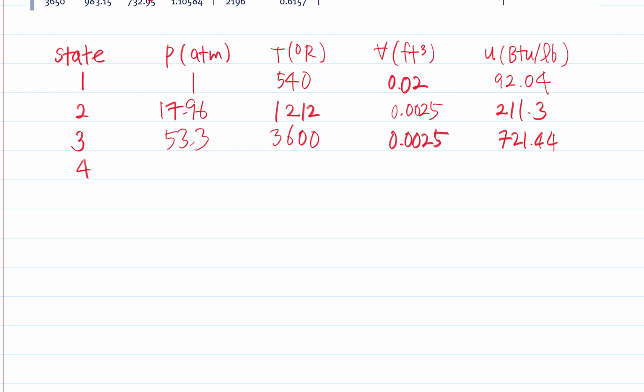At state 4, we use the relative volume again, as process 3-4 is an isentropic process. So the relative volume ratio, vr4 over vr3, equals V4 over V3. vr4 equals vr3 times V4 over V3. V4 over V3 is the compression ratio. vr3 is the relative volume at state 3.